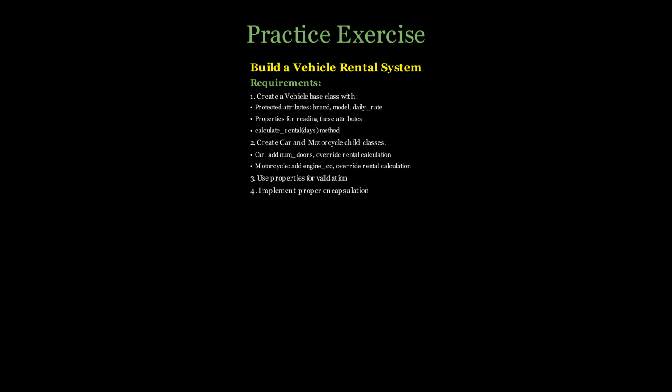Then create car and motorcycle child classes that inherit from vehicle. Car adds number of doors and overrides rental calculation. Motorcycle adds engine cc and overrides rental calculation. Use properties for validation and implement proper encapsulation. Try it yourself before looking at the solution.